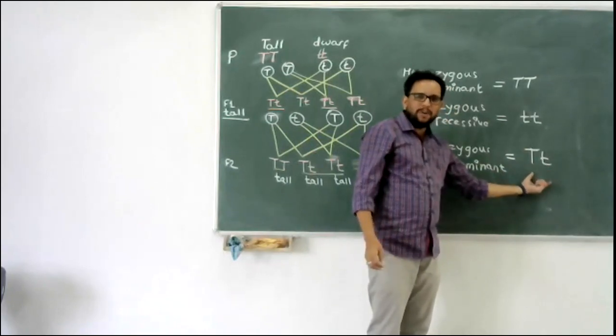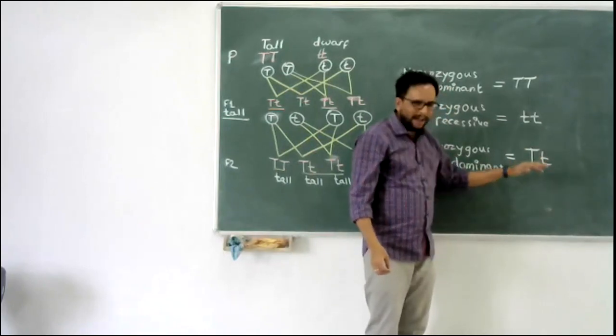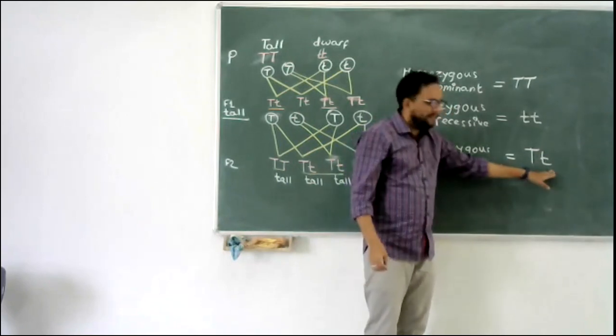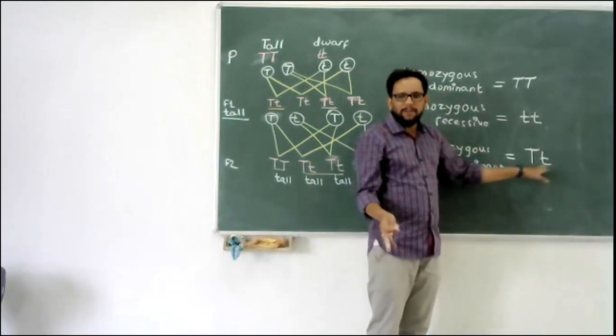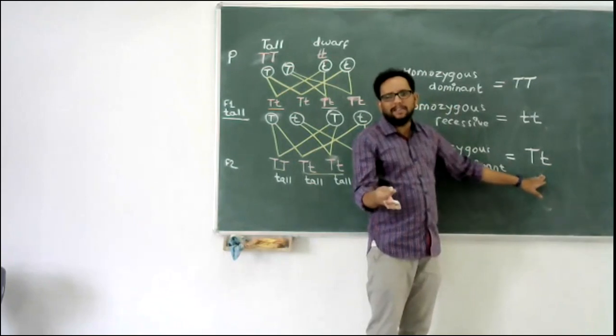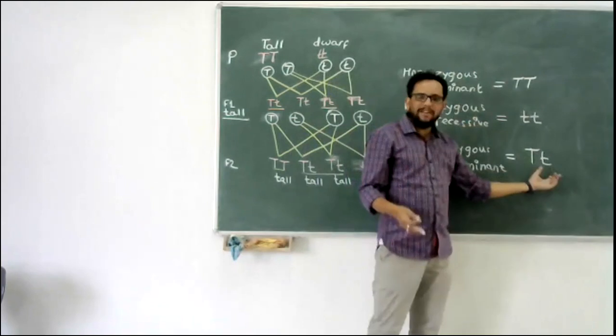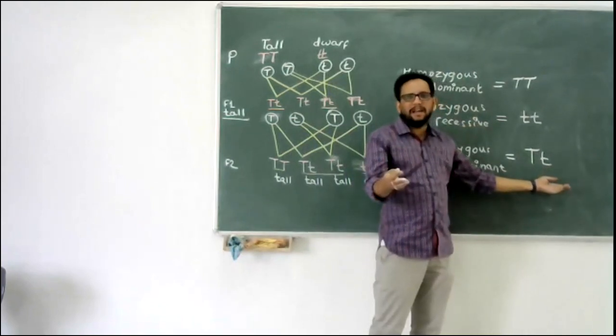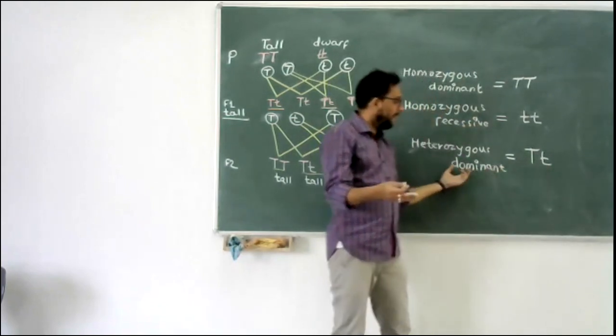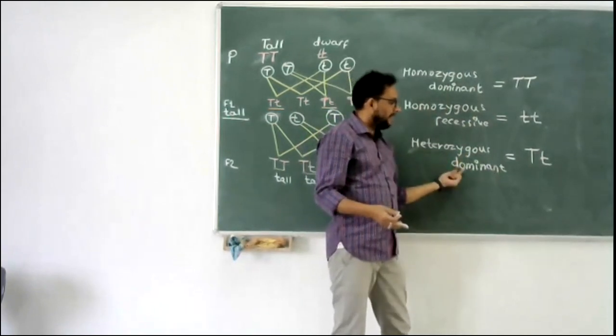So if there are two different alleles, one has to be dominant and the other has to be recessive. If they are not dominant and recessive, they will fall into the homozygous type. So if they are heterozygous, one has to be dominant, one has to be recessive. And we can't call it heterozygous recessive.